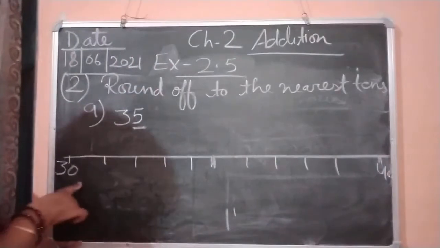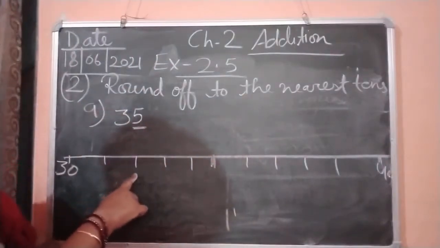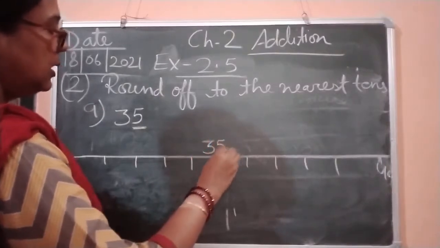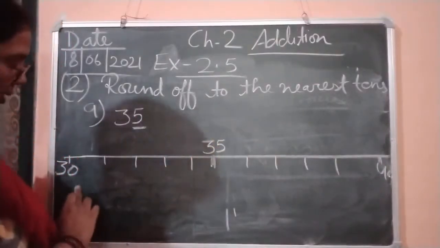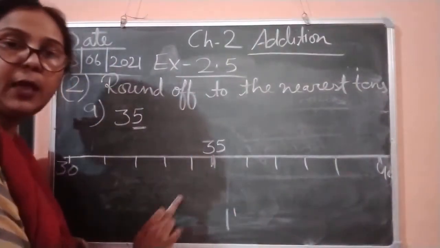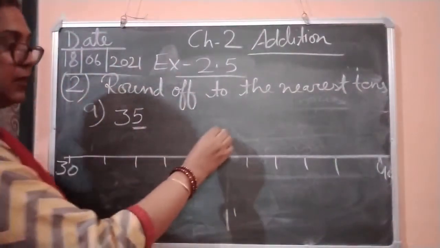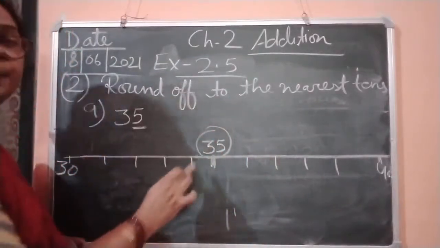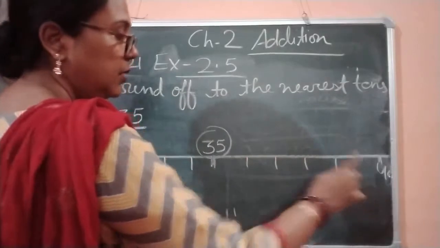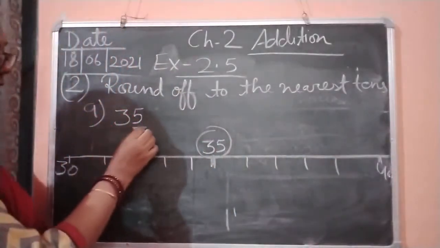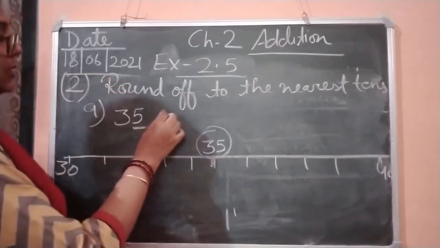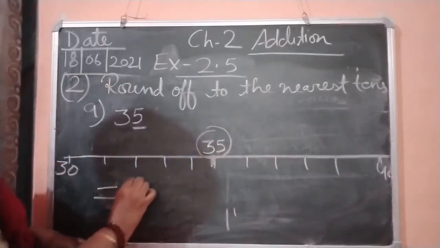Here you can see 35 in the middle of this 30 to 40 range, and this is a strong number. After that, each and every number is strong. So that is why, 35 has 5 at the ones place, this rounds off to 40.